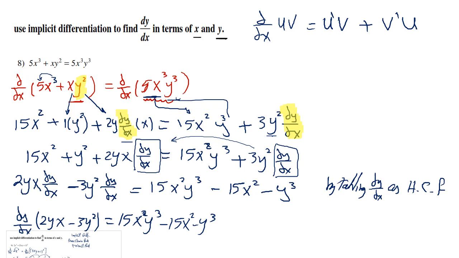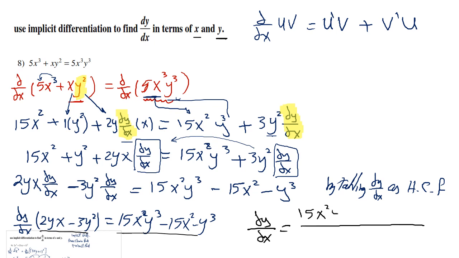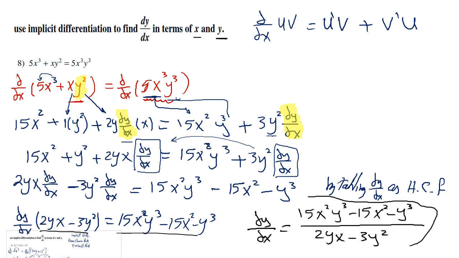So finally, by dividing both sides by 2yx minus 3y squared, dy by dx is equal to 15x squared y power 3 minus 15x squared minus y power 3 over 2yx minus 3y to the power of 2. Here is the final answer of the derivative in terms of x and y.